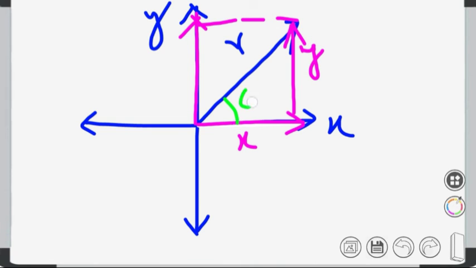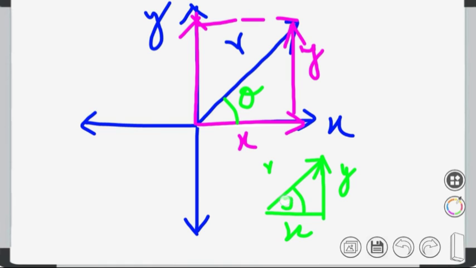Known as theta. So if you draw the triangle without the xy axis, it will be as this: that is the resultant force, this is the y component, this is the x component, and this is the angle theta between r and x along the x-axis.